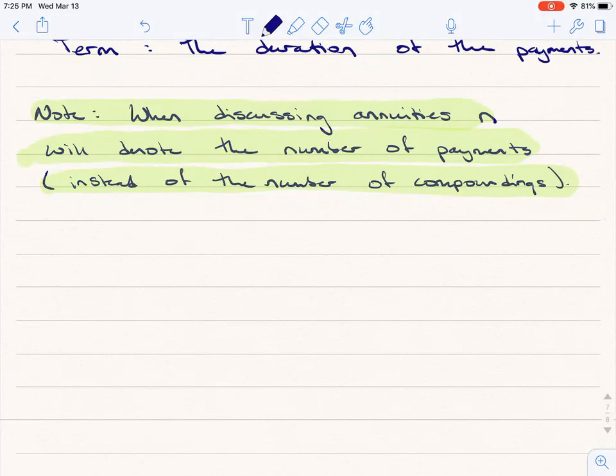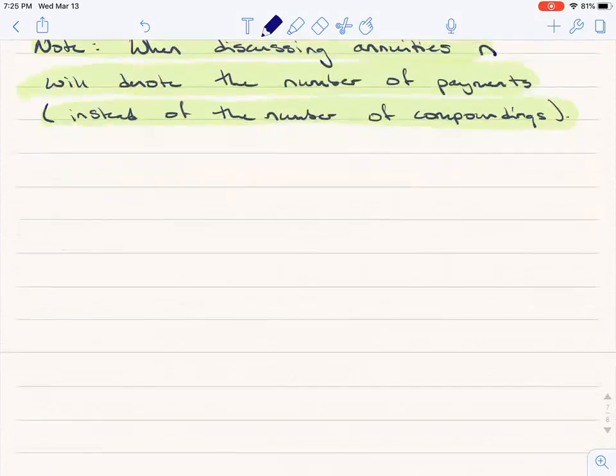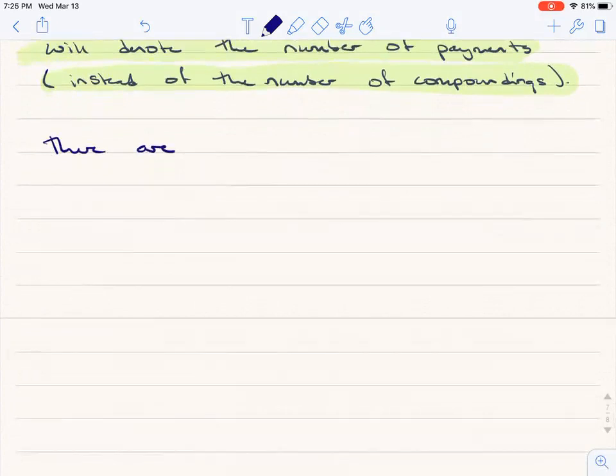Then we have this general annuity. And so there are 4 types of annuities.